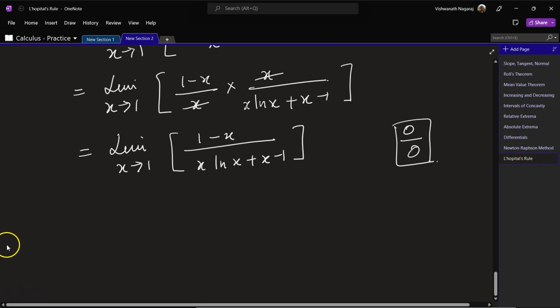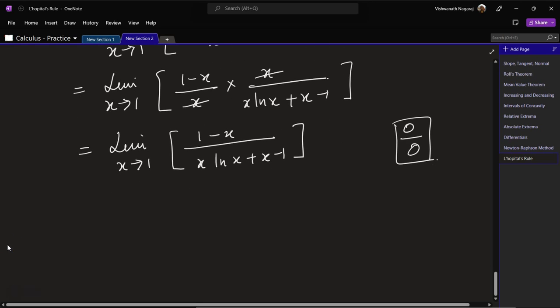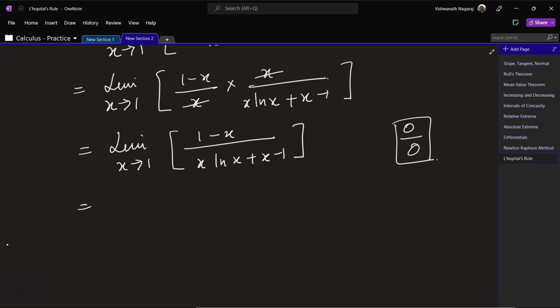Which is again an indeterminate. That means we can again apply L'Hopital's rule. Applying L'Hopital's rule means differentiating the numerator and denominator. See, you can keep applying L'Hopital's rule multiple times. So this would be minus 1. I'm differentiating the numerator. Now I'm going to differentiate the denominator.